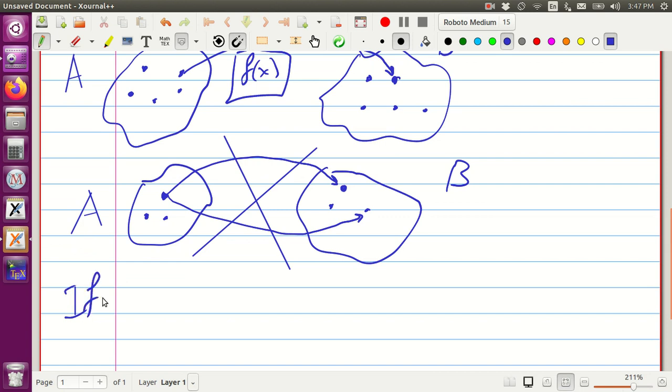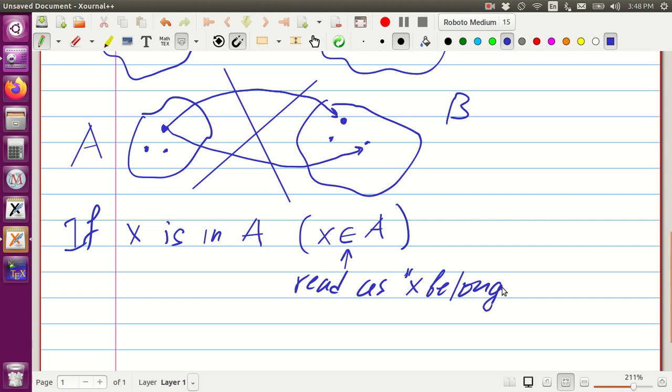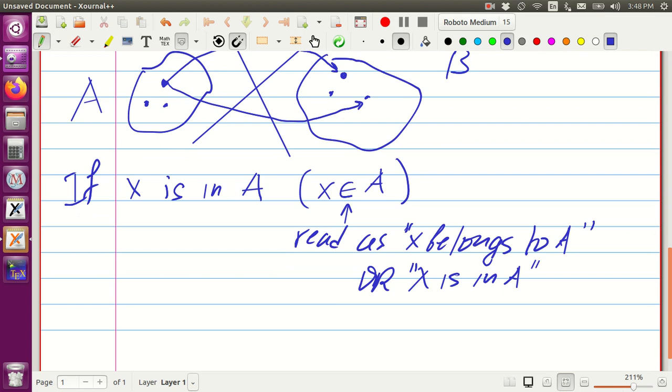So basically, I would say this: if x is in set A, and in mathematics we write x, and this symbol means belongs to, as in x belongs to A, or x is in A. Right, and we already used these symbols for sets.